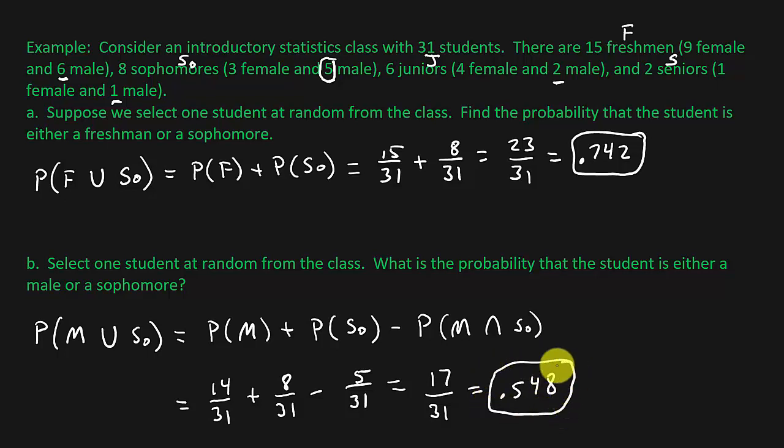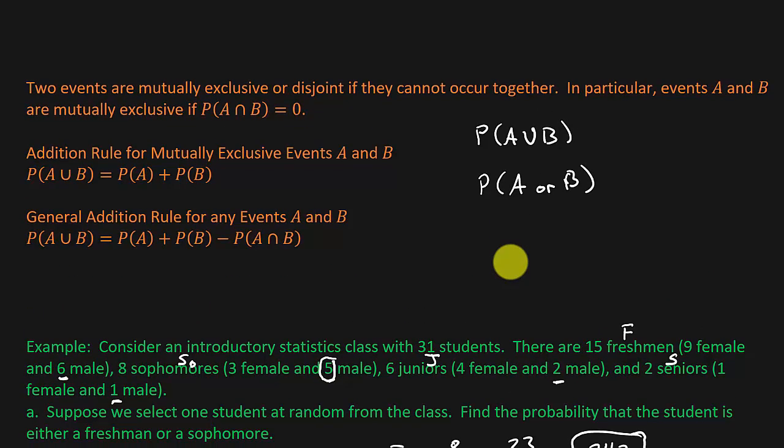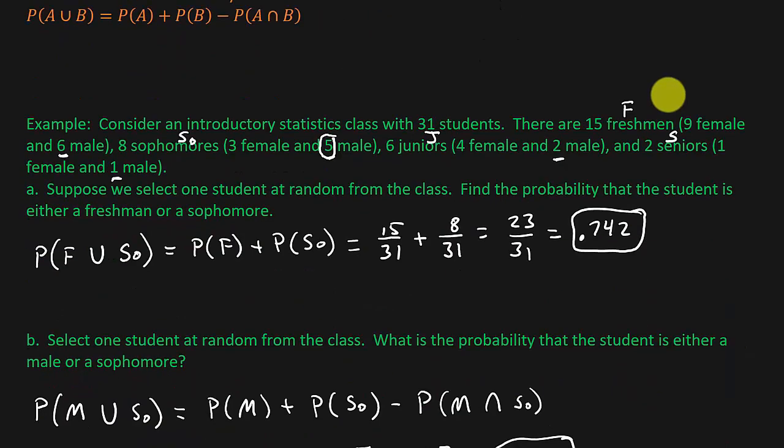And there's your answer. Okay, so I hope you understand that, why we're subtracting that off now, because we counted it twice. They're not mutually exclusive. They have something in common there. Okay.